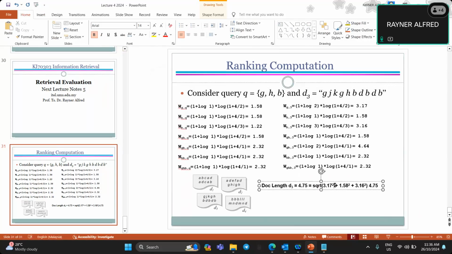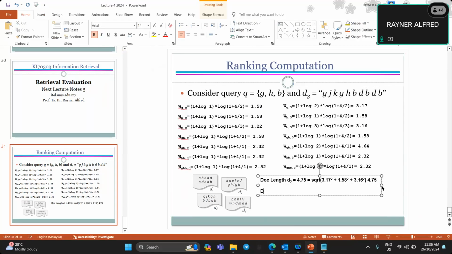Okay, so if we look at the ranking here, or the distance between the query and document 3, basically we are looking at 1.58 times 3.17, right?